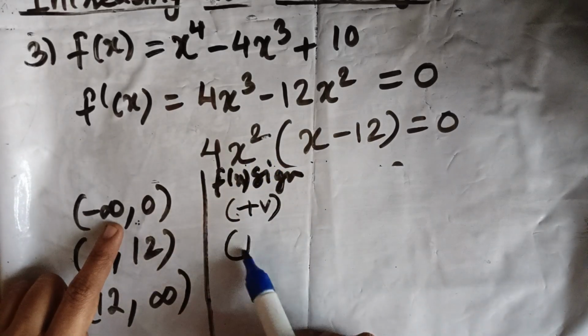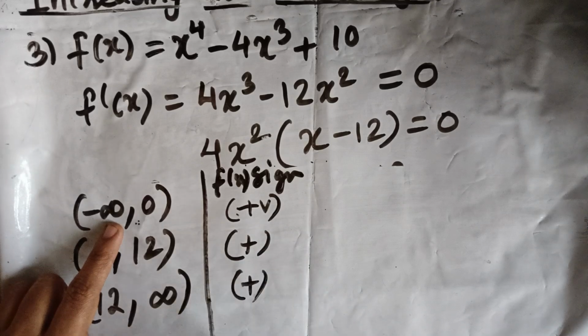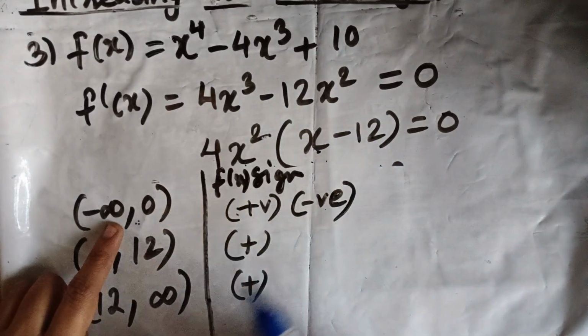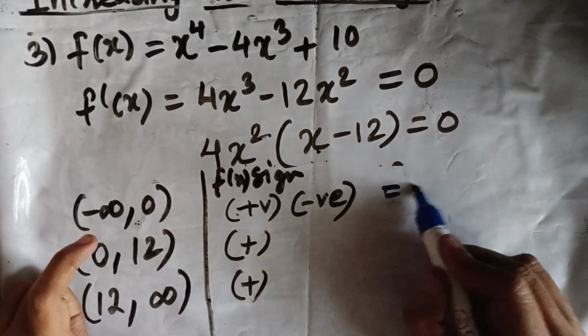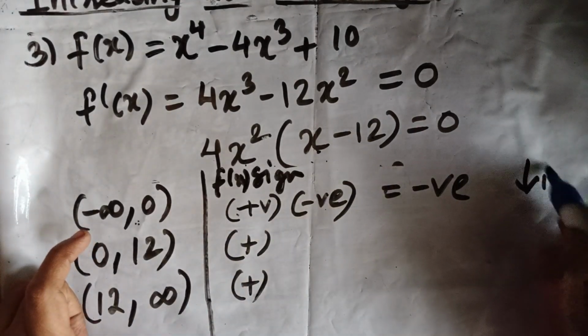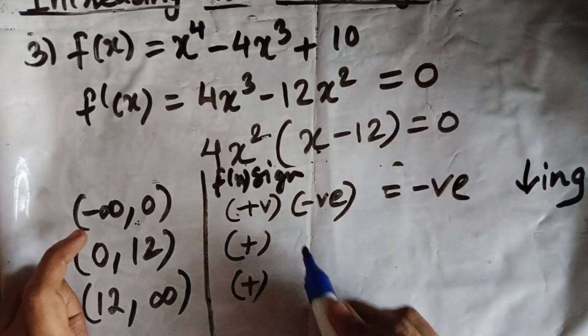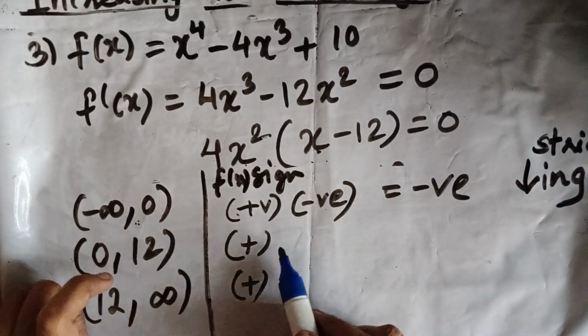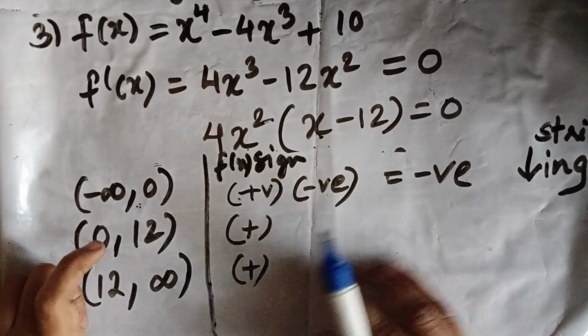Then the other factor, minus 1, is negative. So you will get negative. So it is strictly decreasing. What about 0 to 12?